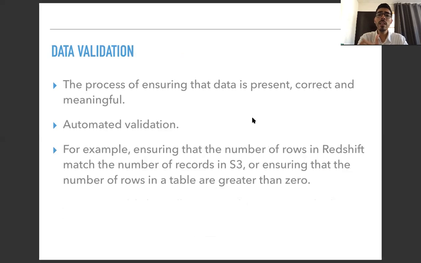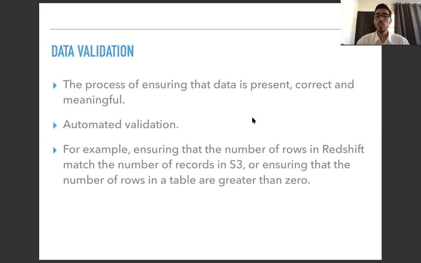So let's talk a little bit about data validation. Data validation is a process of ensuring that data is present, correct, and meaningful. What this means is that first you're making sure that data is actually there and that it is in the correct way that you want it and that it's useful. And it's really important that we automate data validation, so that we can set it and forget it.